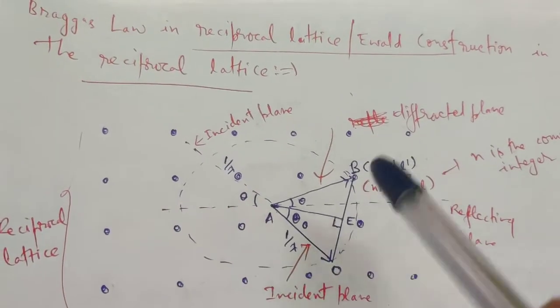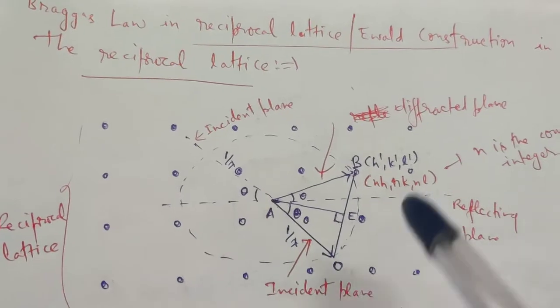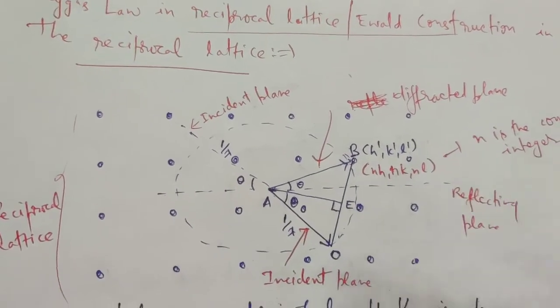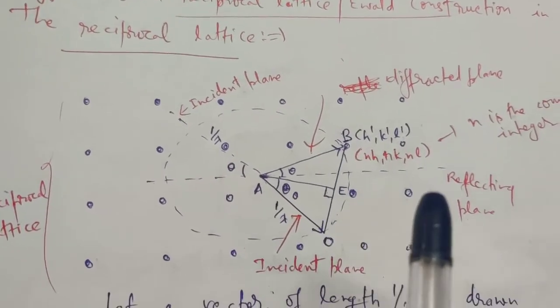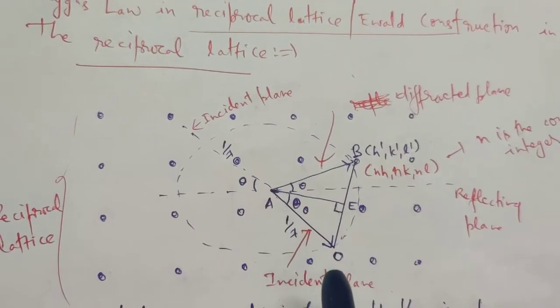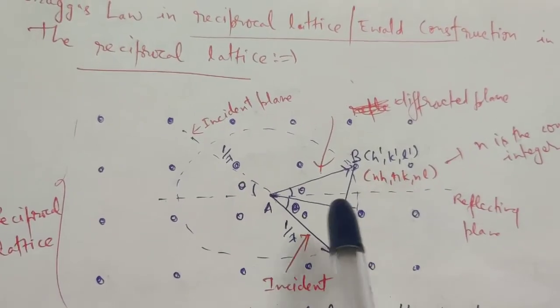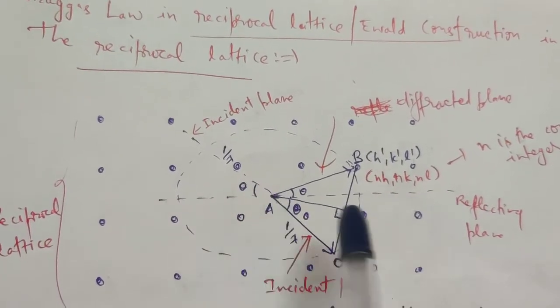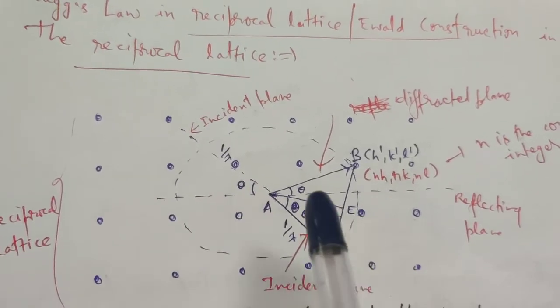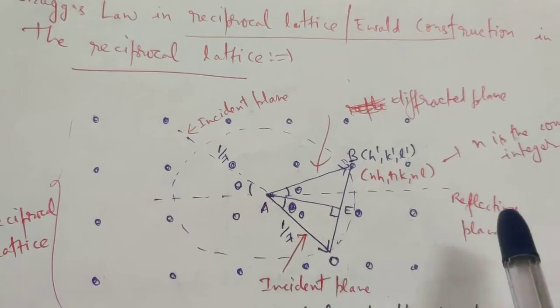We discussed this in Miller indices, that is the interplanar spacing. Now I will take a lattice plane perpendicular to this reciprocal lattice vector. You can say that this is in the direct lattice, and it makes an angle theta with the incident plane. This is your reflecting plane.